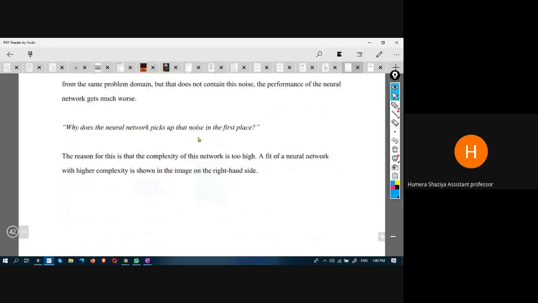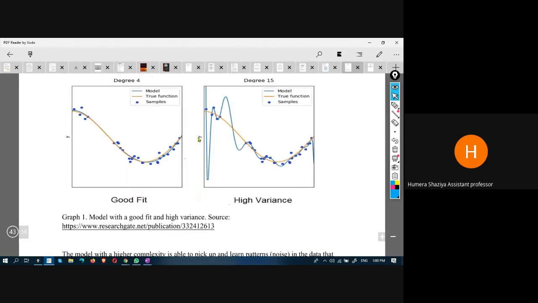You know all this overfitting I have explained to you. Look at this. This is a good fit. These blue dots are samples, and the orange line is the true function, and the blue line is the model, means y and y hat. Both are overlapping. Because both overlap, it is a very good fit. Here you see there is a large variance. Why is it variance?